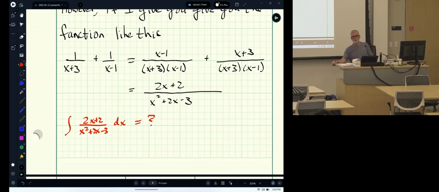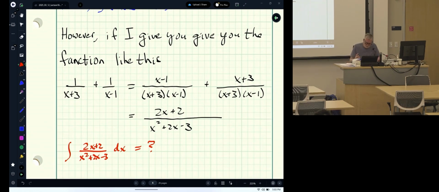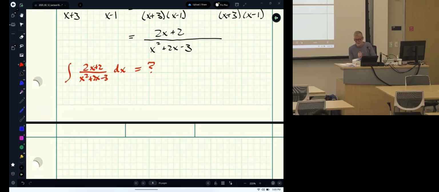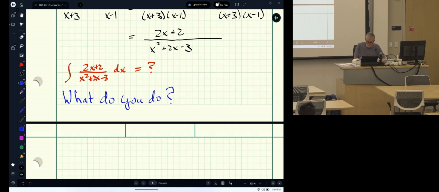And then you go, oops. Okay? Now here, you saw where it came from, and you go, I know where it came from. It's equal to 1 over x plus 3 plus 1 over x minus 1, and so I know how to do those antiderivatives. Okay, so this is where partial fraction expansion comes to the rescue.